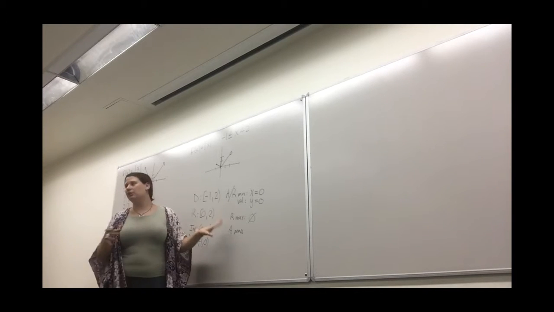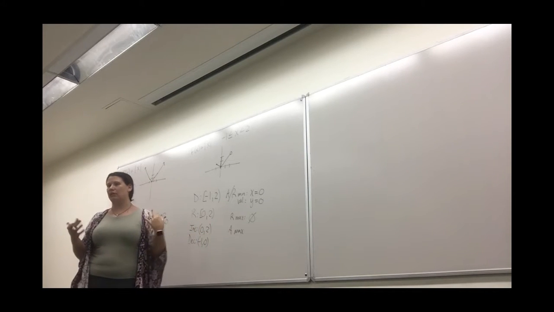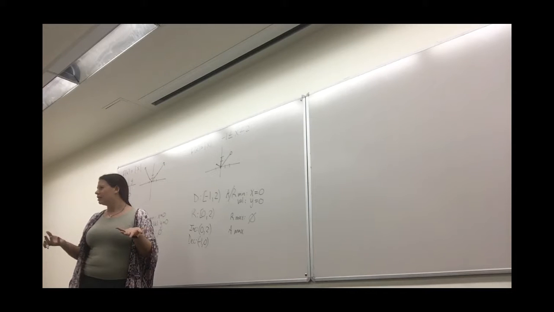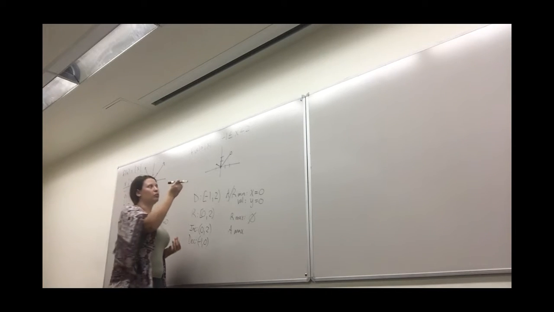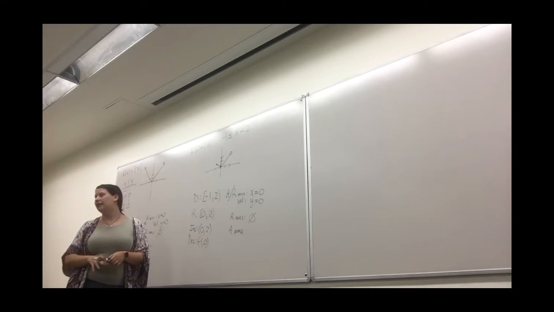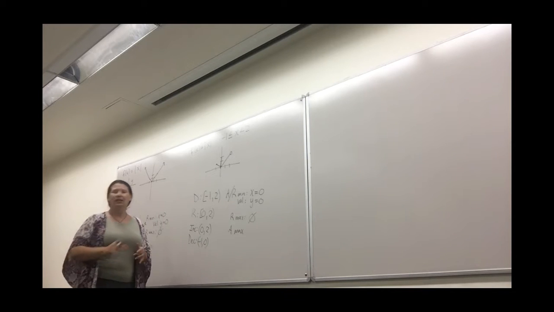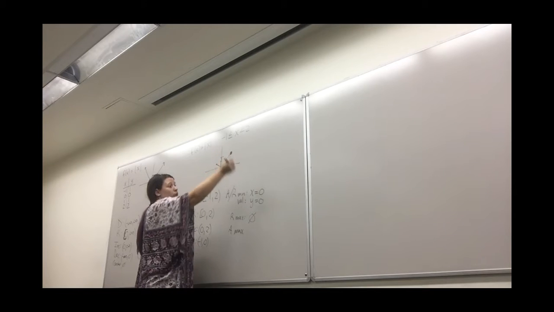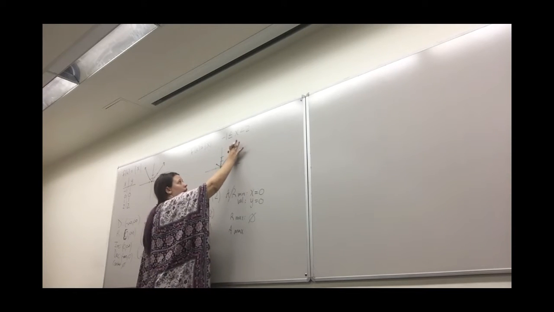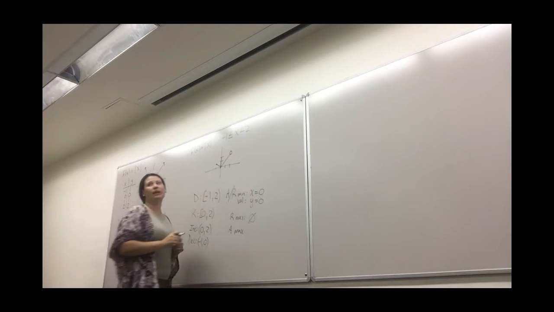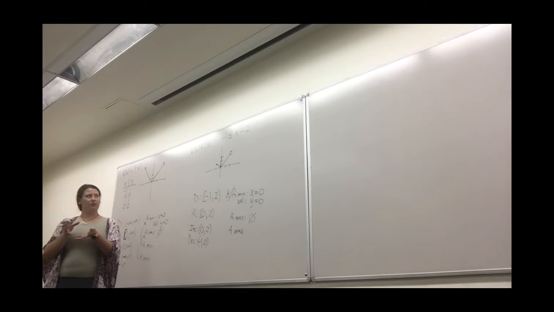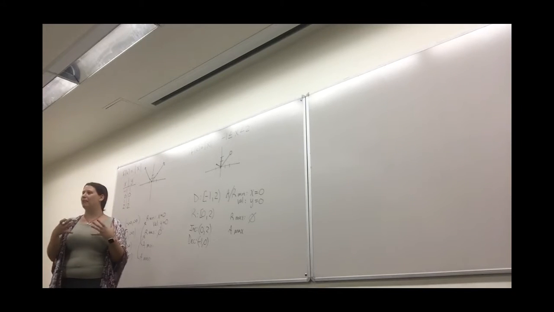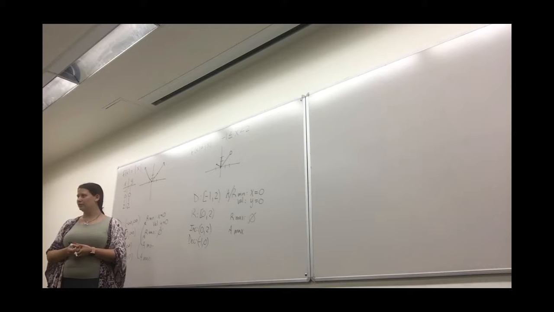We probably wouldn't ask you for the absolute max on this one because you can't really write it, because it's not a single point value. Does that make sense? If this was a filled in circle, then we could do it, because it's an actual point then. But right now, it's not part of the domain.